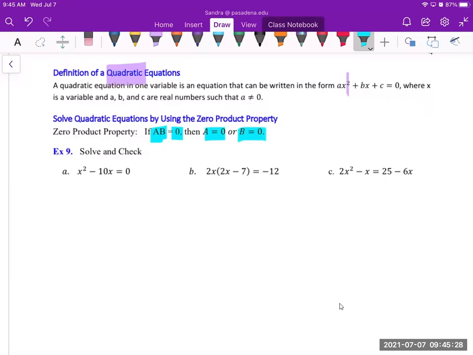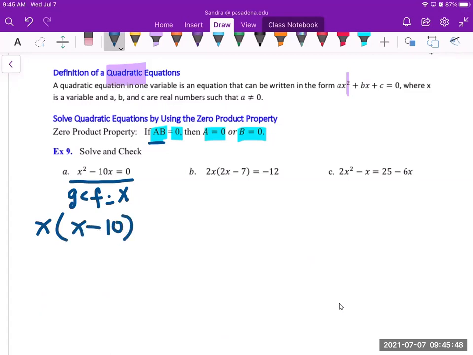Okay, so let's go ahead and do that. So then let's see. I got to put it into this format. A times B, the product. A times B. Okay, this is not a product. So I have to factor out a GCF. GCF happens to be X, so I can pull out that X. X minus 10 is equal to 0.